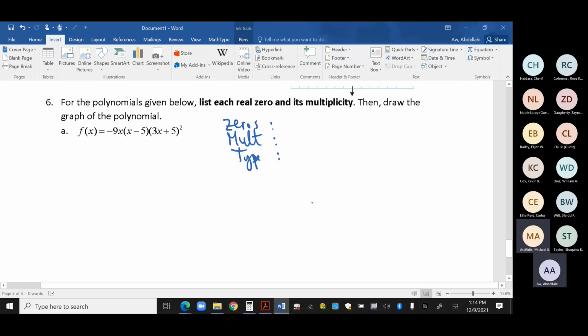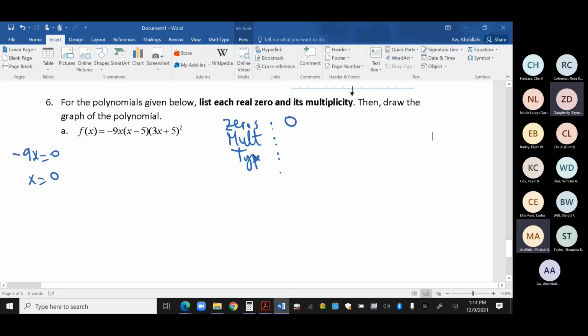What are the three zeros? Somebody tell me. What is the first zero you see here? -9x. -9x is a factor. What is the zero that corresponds to it? Zero. It's 0, right? It's -9x equals 0, which means x equals 0, right?